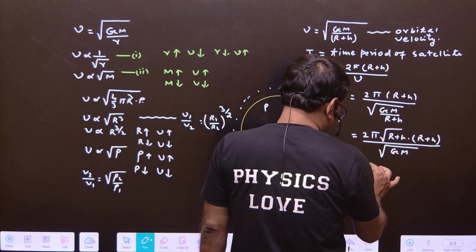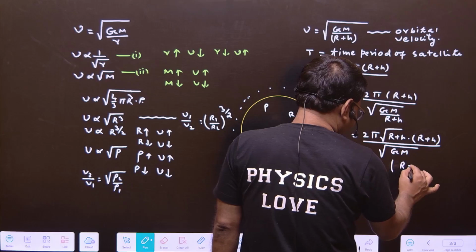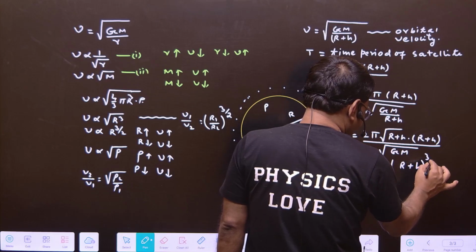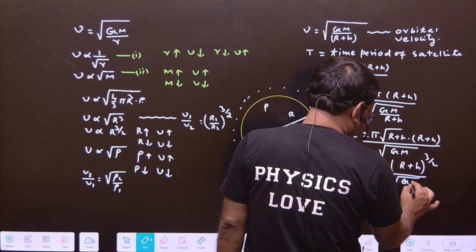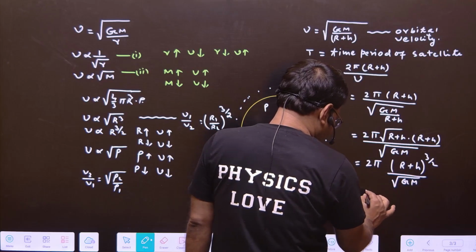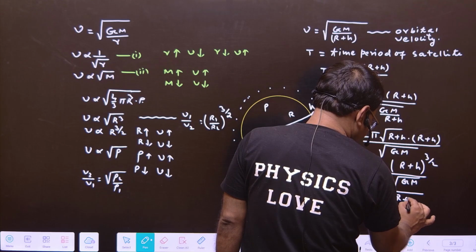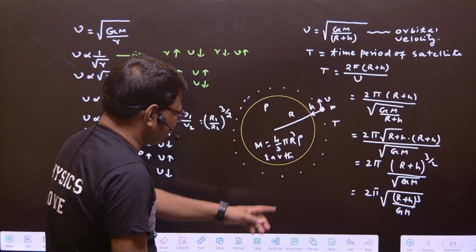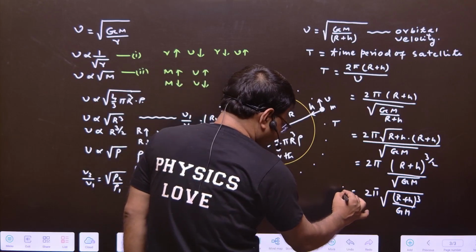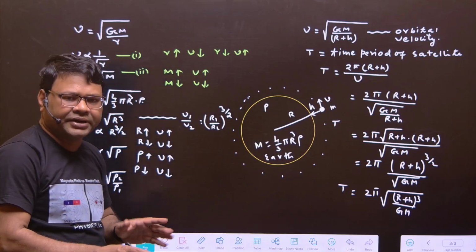Then we can write 2 pi (r plus h) total power 3 by 2 over root over of gm. Also we can write the same thing as total root of (r plus h) cube divided by gm. In combined form we have this, the time period of the satellite. Clear? From this relation we will be able to solve for the time period of the satellite.